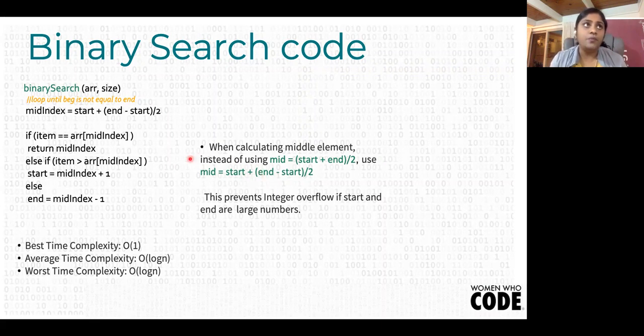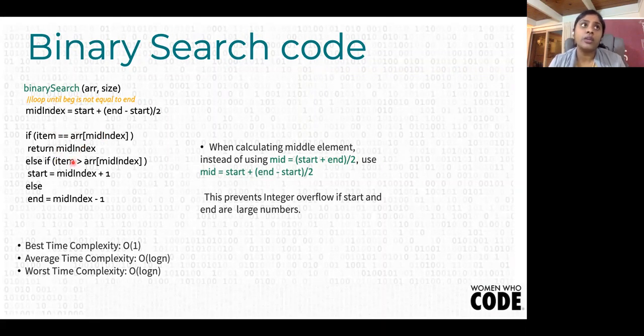So once you have the mid, then the next thing is to compare the mid with your target item. This is supposed to be item, which is the target element that you're searching for. It's not size. I think it's a typo. So pardon me for that. Once your item, which is your target, is at the middle index, you return the mid index.